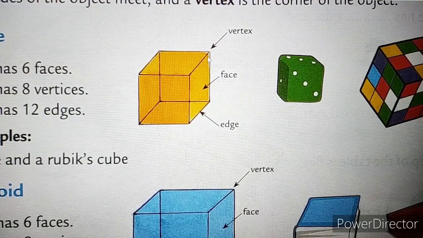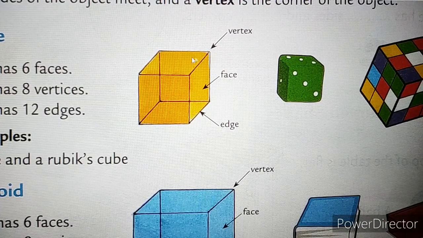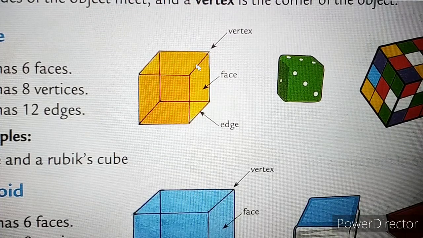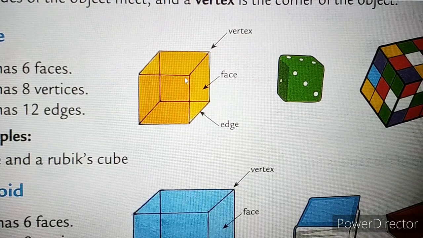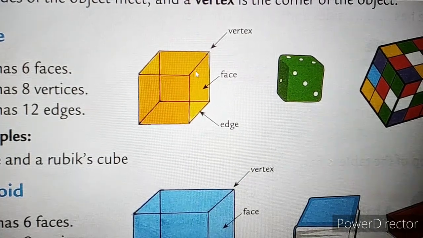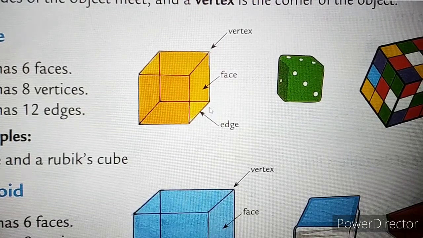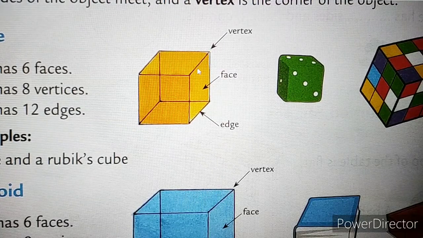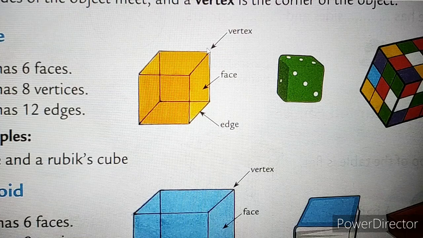See? Now see, this is a face and this is a face. They are meeting in a line, right? Where two faces meet, this is called the edge of a solid shape. And see, where all the edges meet, this edge, this edge, this edge, they meet in a corner.